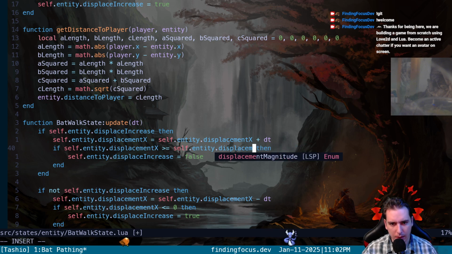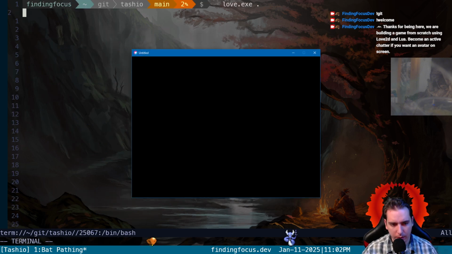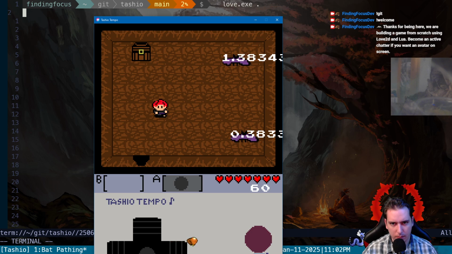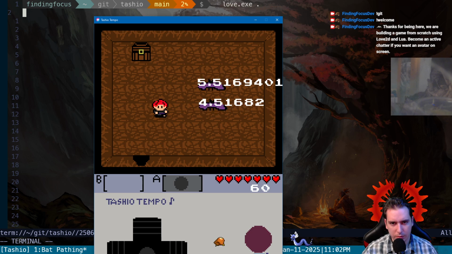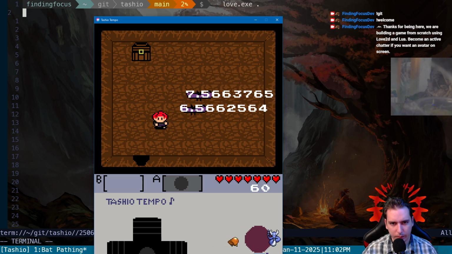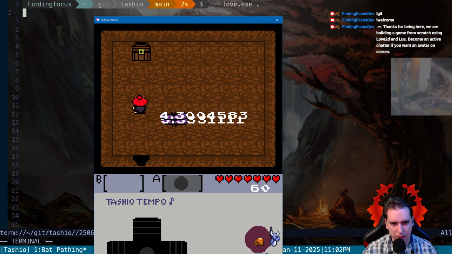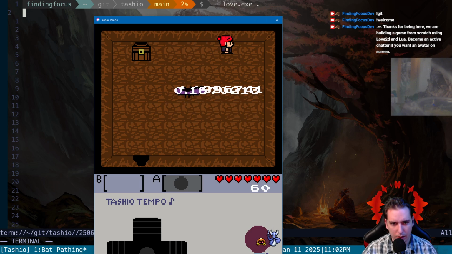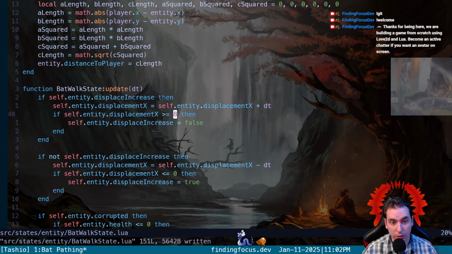Let's see, I'm curious if we can just say 8 here, if it still crashes. No. Okay, so delta time is too slow, but it should go to 8 and then back down. Yeah, I didn't see it touch. And then once it hits 0, it should go back up to 8. Okay, that's looking right. Just too slow, right?